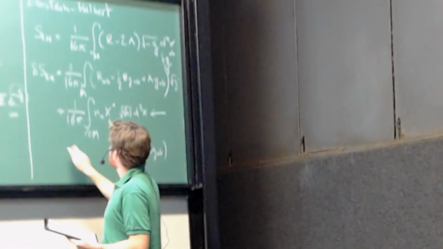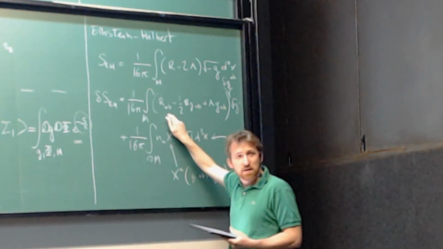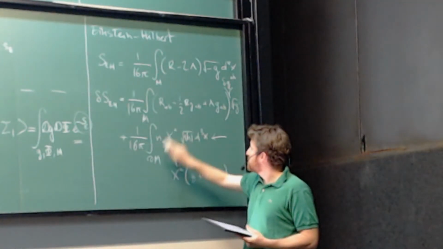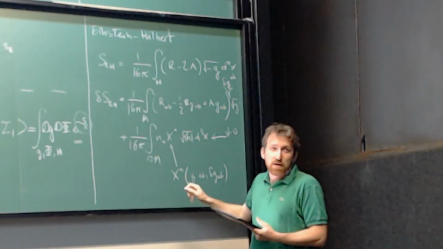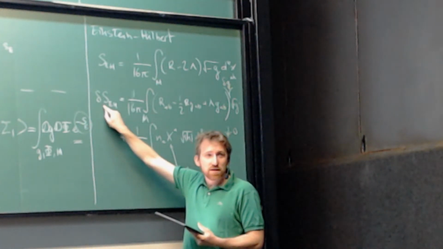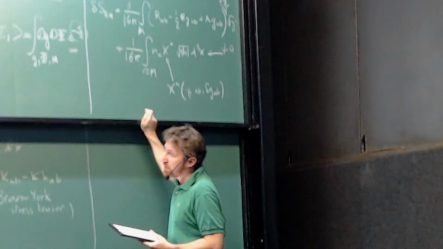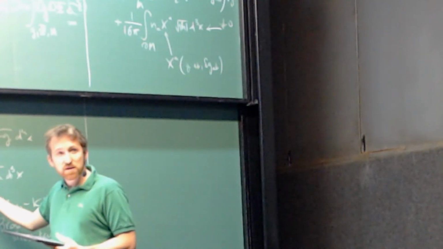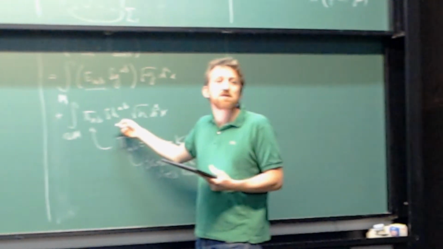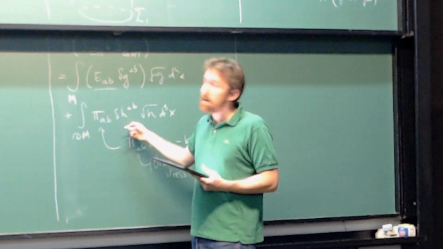But if I just take the Einstein-Hilbert action, then the extrema are not the solutions to the equations of motion, because I have this term that can be non-zero. Right? So the things that extremize it, then, are not just this. Whereas if I include the Gibbons-Hawking-York term, this is actually true. So I can fix some boundary conditions, and then the extrema will be the solutions to the equations of motion.